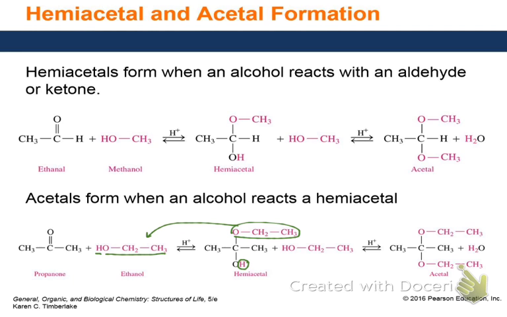And if you do it again, another molecule gets attached. That adds the second group down here, and then the other product is water again. So the pattern is: take an alcohol, split it apart, attach it, right? And then take a second alcohol and attach that. So that's where this ether comes from. This ether comes from the alcohol.